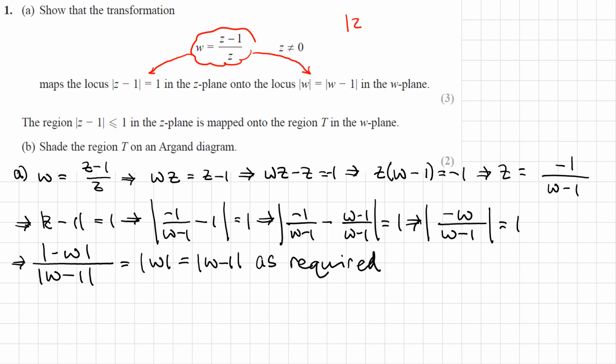So the modulus of Z minus 1 equals 1 gets transformed to the modulus of W is equal to the modulus of W minus 1. Now they ask us about this region. So we've got the modulus of Z minus 1 less than or equal to 1.